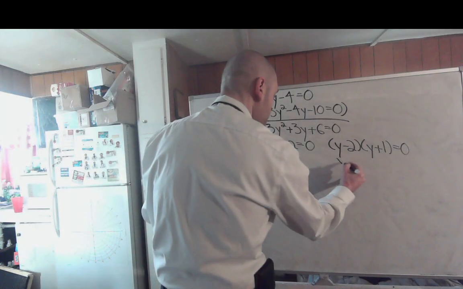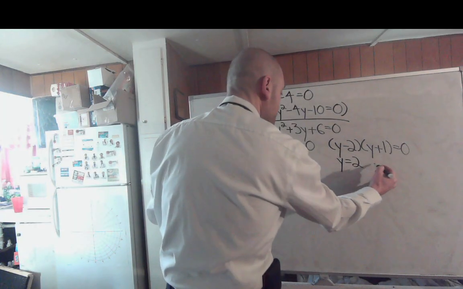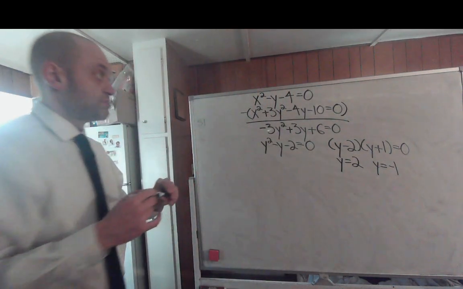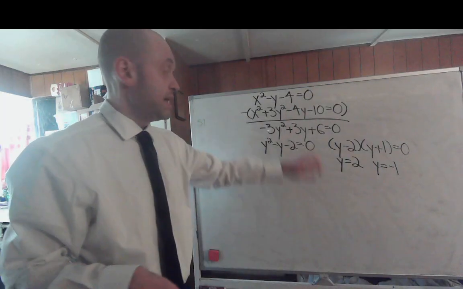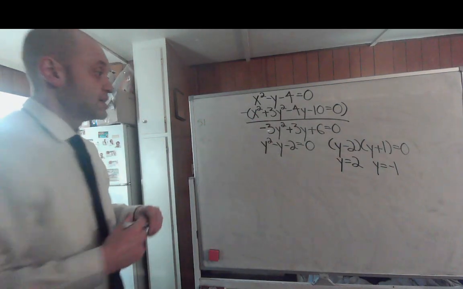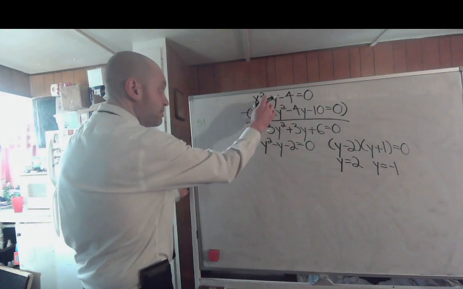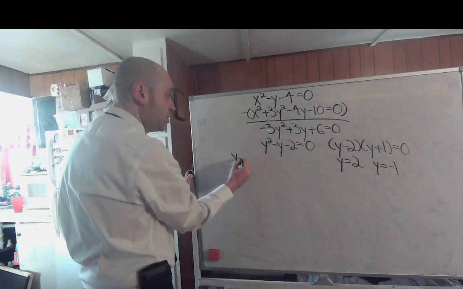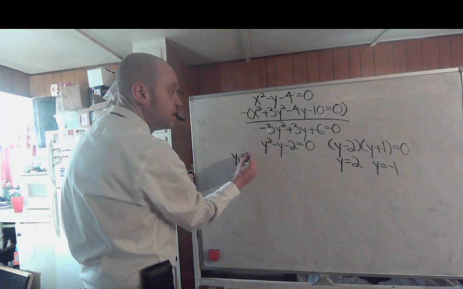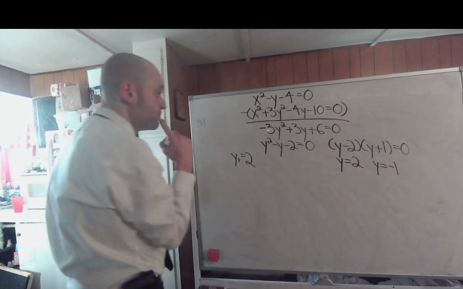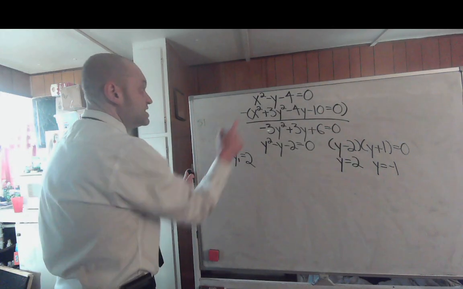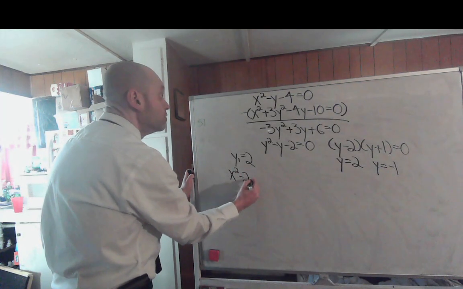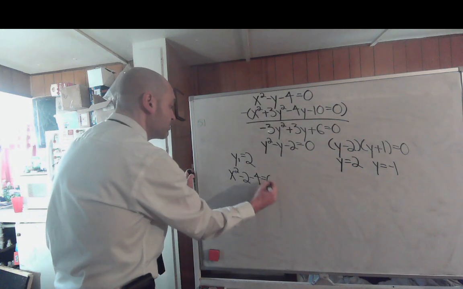So you'll have two y values. y will equal 2 and y will equal negative 1. Now just pick an equation, stick those y values in, see what you get for x. So let's deal with the top equation. I think it's easier to do substitution. So our first y is a positive 2. If we stick that in, you'll get x squared minus 2 minus 4 equals 0.